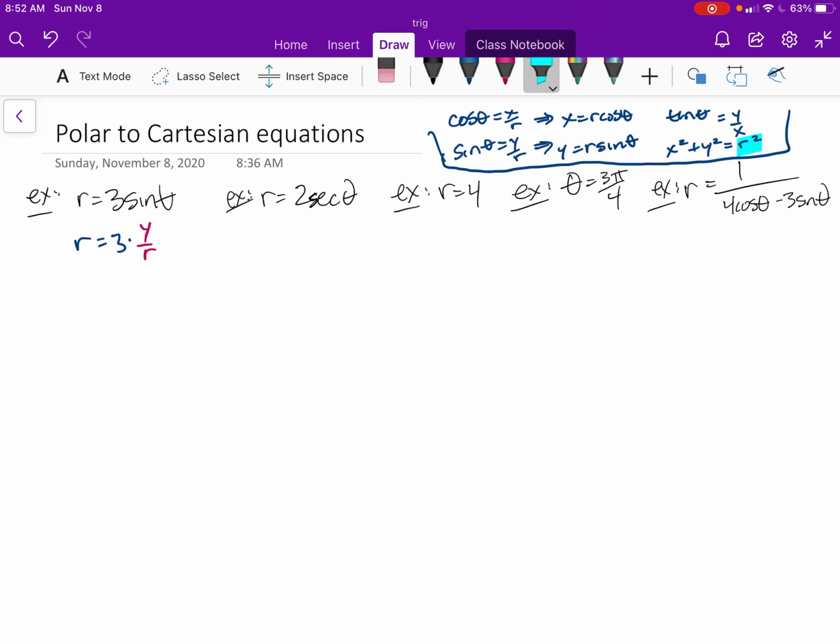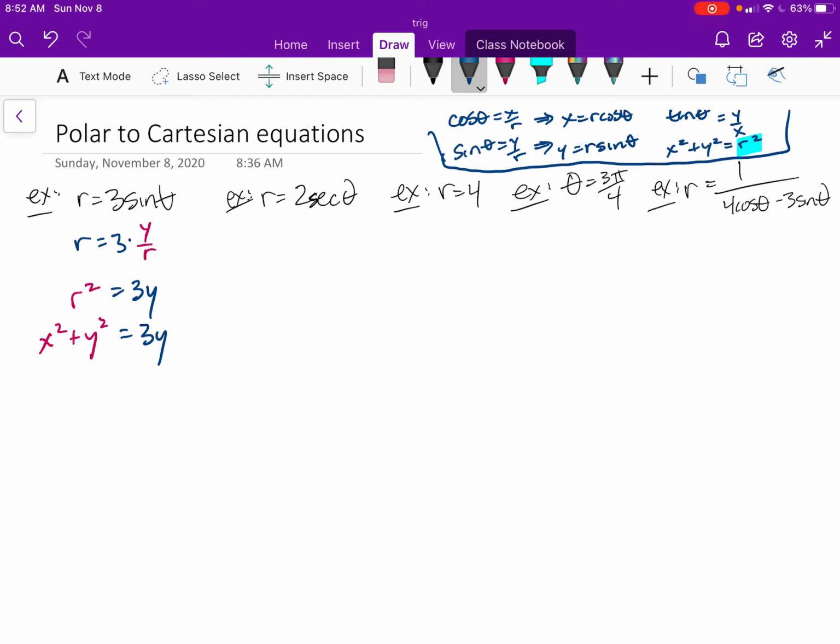There are various ways of doing these, but rather than getting r and doing the square root, it's more common to attempt to get r squared. So I'll multiply by r on both sides, and I'd have r squared equals 3y, and now I can make that substitution: x squared plus y squared equals 3y.